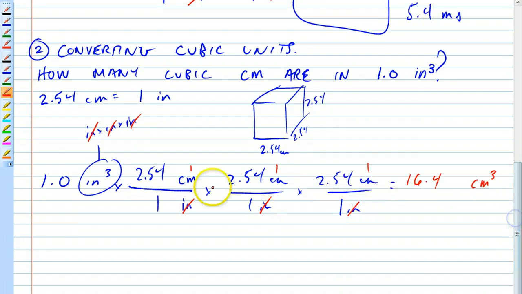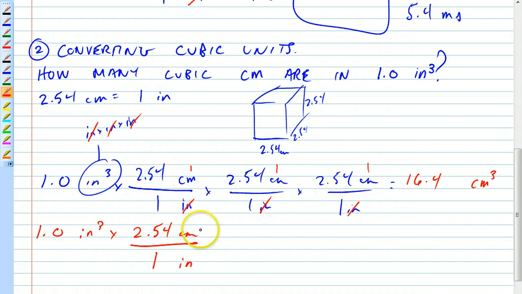Now you don't have to write it out 3 times, because the alternative is to do this. Just 1.0 inches cubed. Write the linear conversion. So here's how you do it. This is the trick. Write the linear conversion. Cube, cube, cube, cube. Just make sure you cube everything. You can't just cube one part. I mean, think about if I've got 2a cubed?